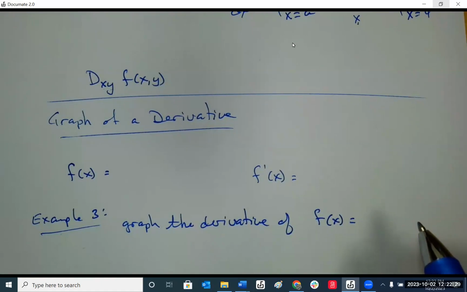I lost the function. Well, let's make it one over x.